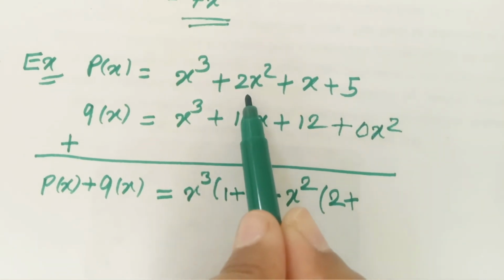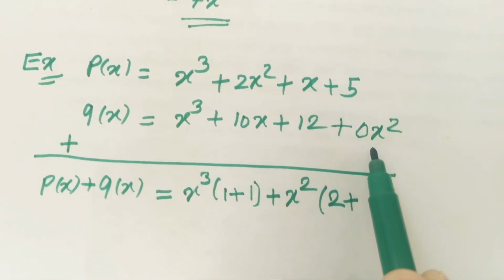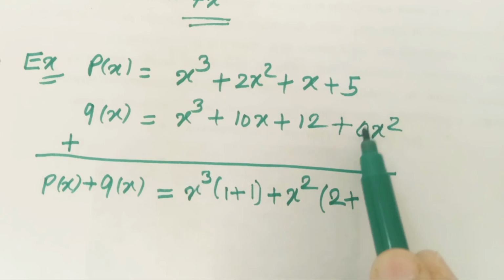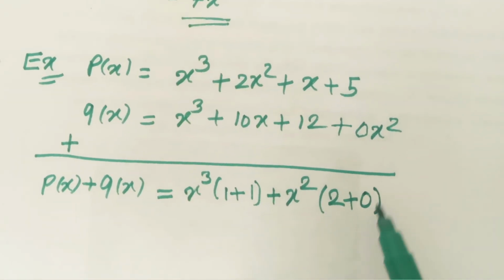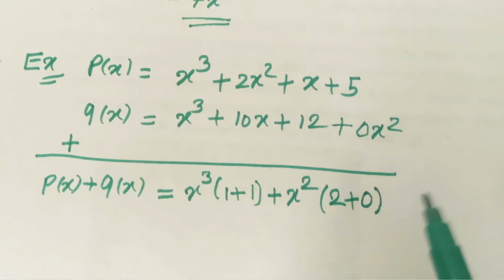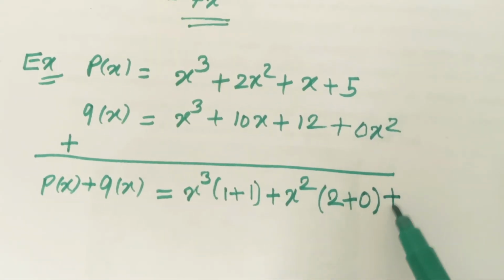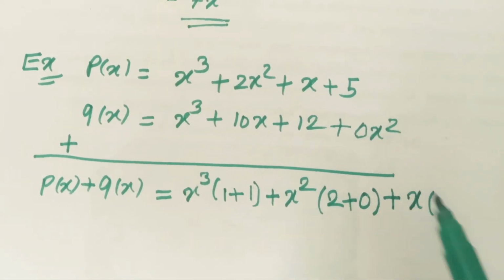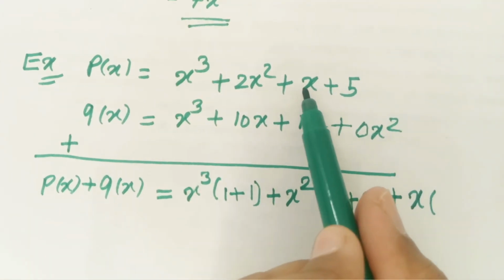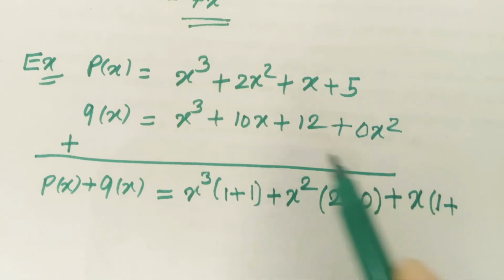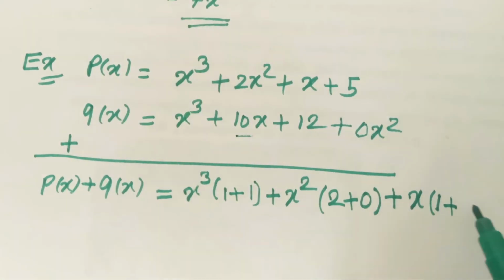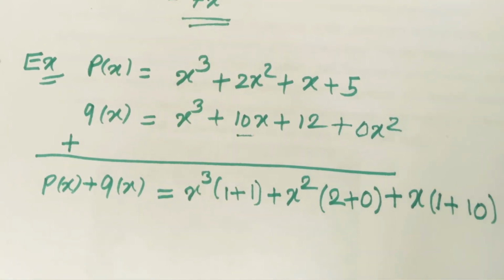Here x square is present in the first term but not in the second term, so you can take 0 instead of that. So here I am writing in the second term the remaining is 0. Now take x common. In the first term x is common, then the remaining is 1, and in the second term x is common, then the remaining is 10.